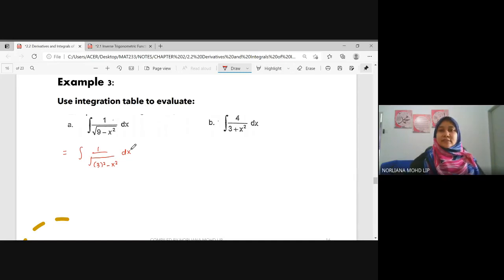Okay, yang ni apa? Sin kan? Follow table. So, table formula number 1 lah. The sin inverse x over a. A is 3 plus c.